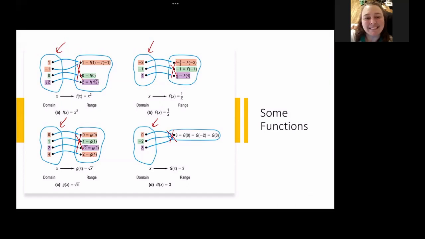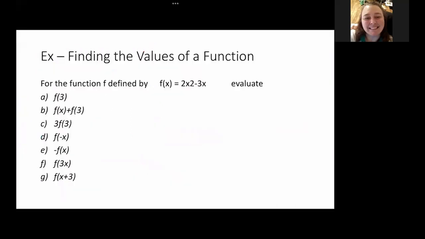So we're going to have an equation and we're going to see some different expressions, and let's see what they look like. Here our function is going to be f of x equals 2x squared minus 3x. Now, f of 3 means I put 3 in for x.